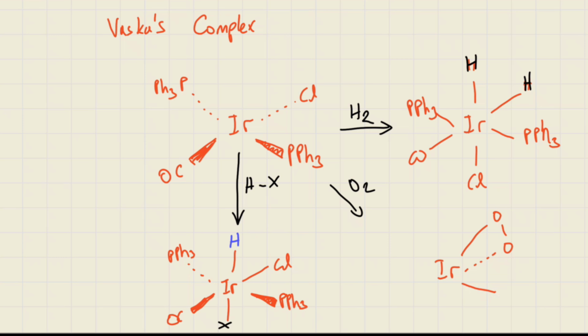So the electrons on the hydrogen bond can interact with the metal center, and the electrons on the metal can make a bond with the hydrogen. So this is a concerted addition, and this mechanism is also valid for carbon-carbon and sulfur-sulfur bond activations.